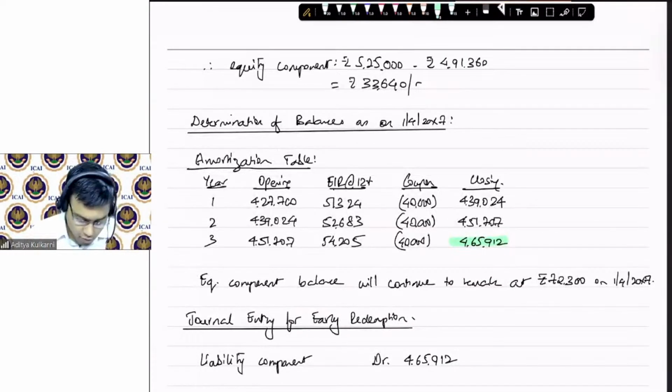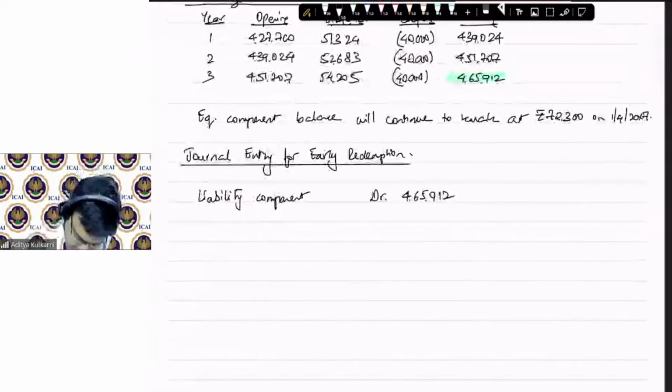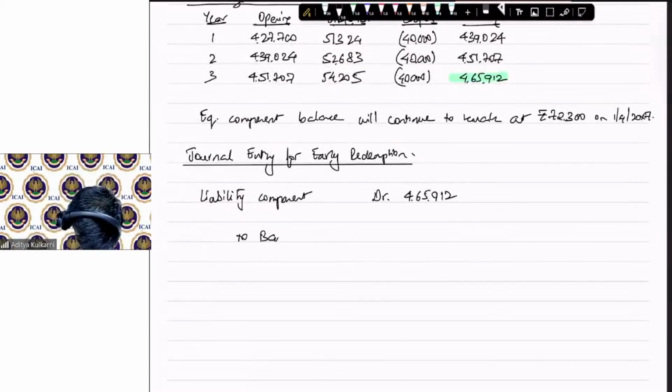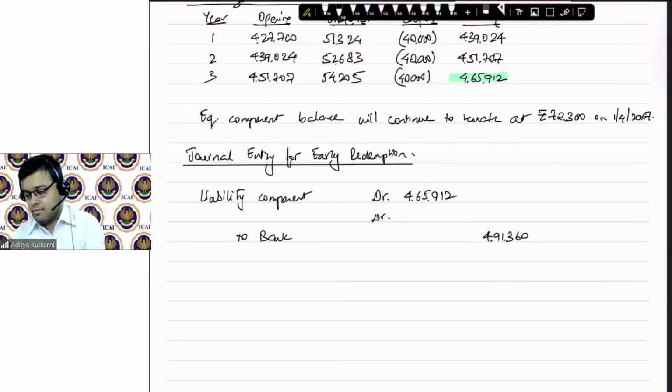By paying 4,91,360 for the liability component, to bank account 4,91,360. So what is the balancing figure?